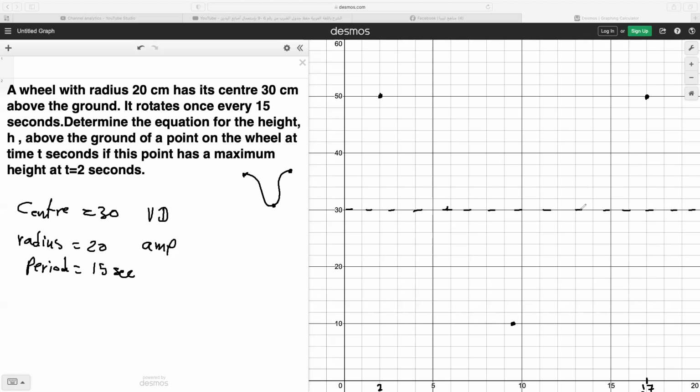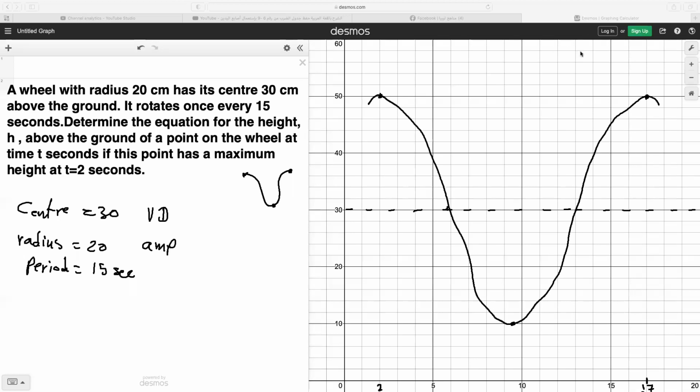It doesn't have to be accurate. Honestly, you don't have to draw these accurately, because then you'll have to find out exactly what the decimal is. But if we have something like this right here, then we can find out what the equation of the cosine graph is.